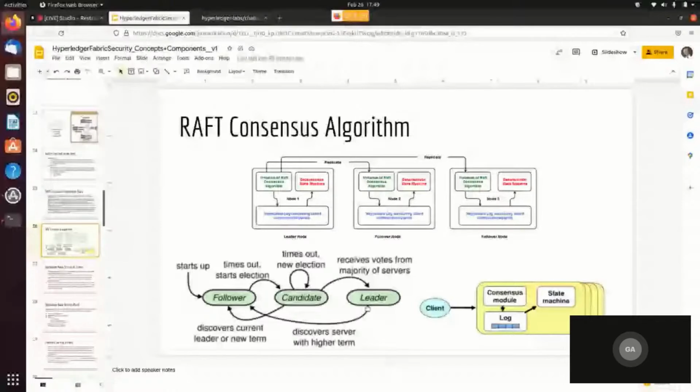It follows a replicated state machine model. In the Raft consensus, normally we'll have an odd number of consenters. It could be 3, 5, 7, 9, etc. So this is how any consensus algorithm can be drawn.